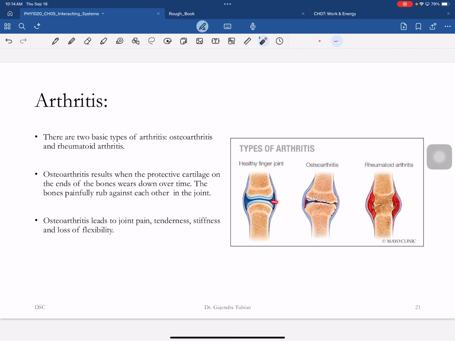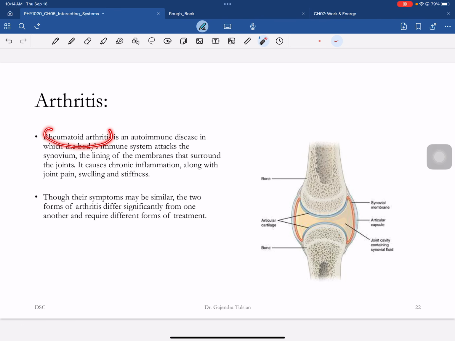It's fluid filled and there's cartilage to minimize friction. And if this cartilage wears away for whatever reason, with bone rubbing against bone, your brain will get that message. Your nerves will tell you it hurts. So this is osteoarthritis. When the protective cartilage wears off, that's osteoarthritis.